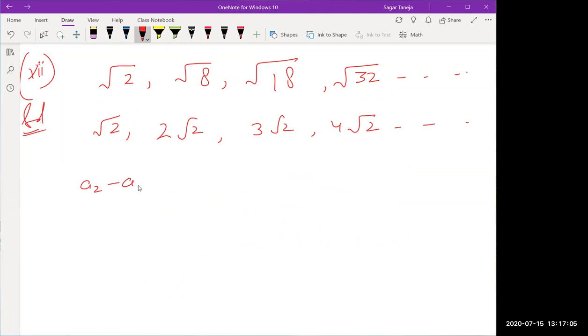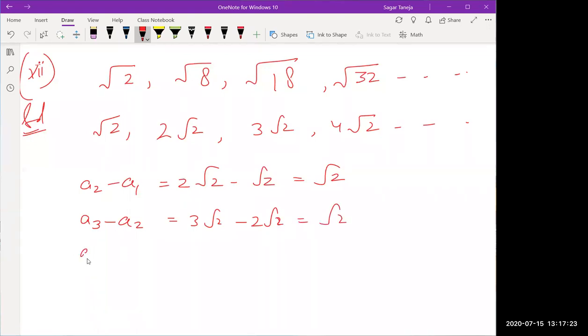It is A2 minus A1, which is 2 root 2 minus root 2, which is root 2. Then A3 minus A2, 3 root 2 minus 2 root 2, which is again root 2. Then let us check the last two terms, A4 minus A3, that is 4 root 2 minus 3 root 2, which is again root 2.